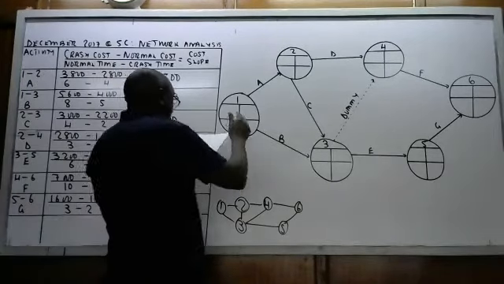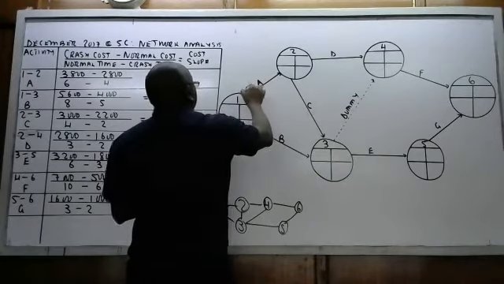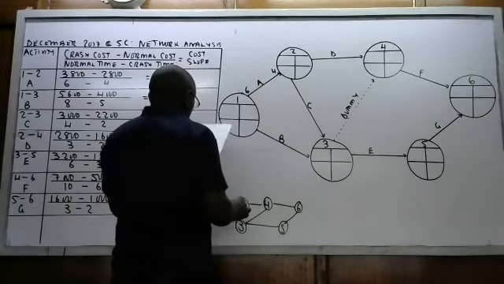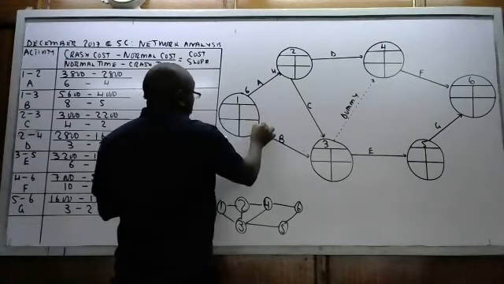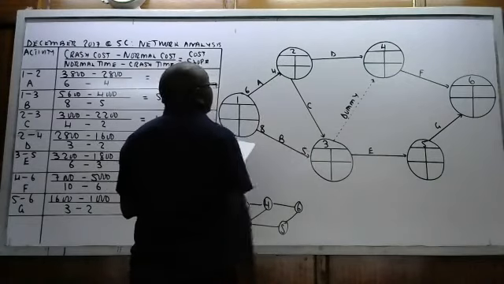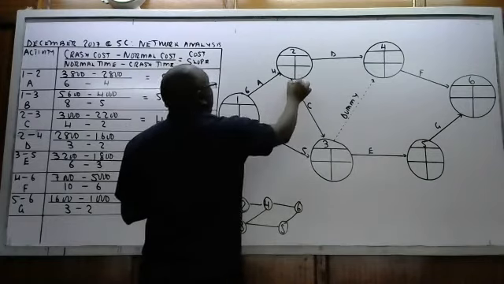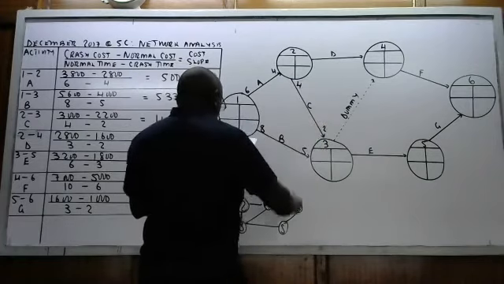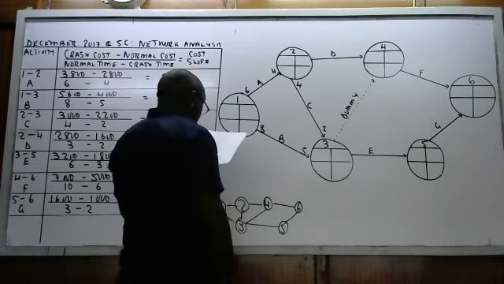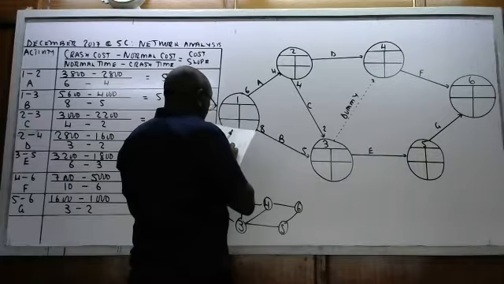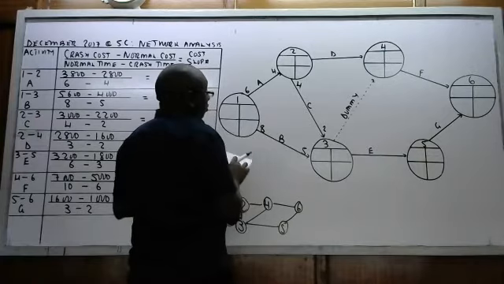So for the normal time, 1 to 2, 6. The crash is 4. 1 to 3, 8, 5. 2 to 3, 4, 2. 2 to 4, 3, 2.